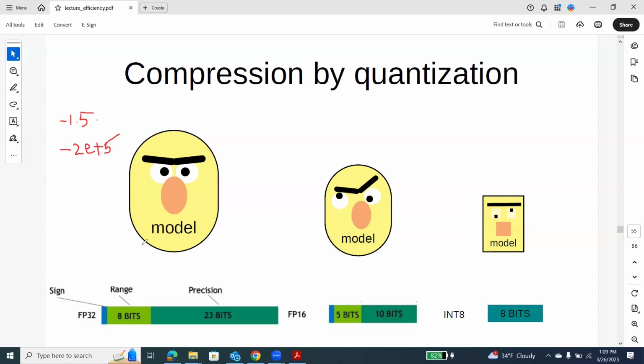In bfloat16, they use 8 bits. And how many bits then do we have for the precision? Yes, 7, because 1 is for the sign.